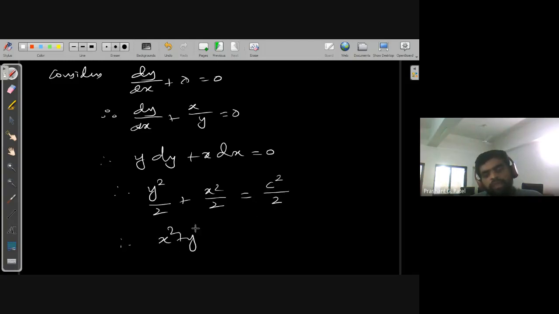So finally we have x square plus y square equal to c square, which is the characteristic curve for that differential equation. So therefore you can assume this x square plus y square as xi. Let's say xi.